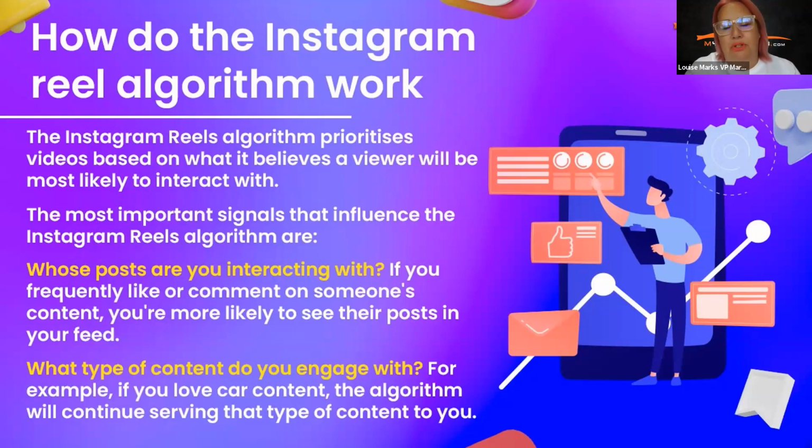It'll be interesting for you guys to go into your Instagram. Where's my phone? I'll have a look at mine to see. Right, my first Instagram Reel, when I've clicked on the Instagram Reel, has got a swear word in it, so I'm not going to show you that.